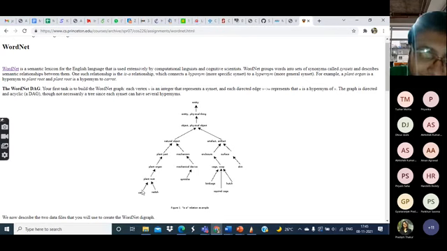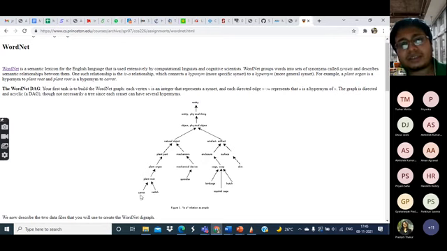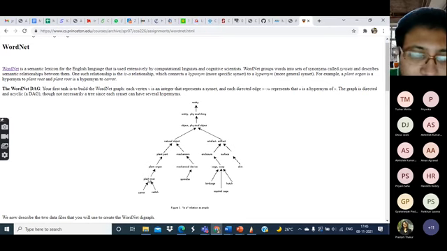So if you consider the graph distance, what is the graph distance? You have a graph and you need to move from one node to another. So what is the number of edges that you have to traverse? Here, as you can see, the graph distance between these two words is only 2.